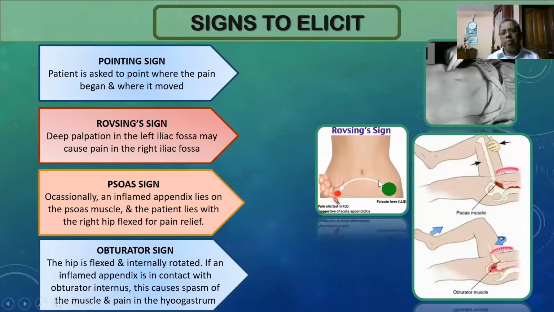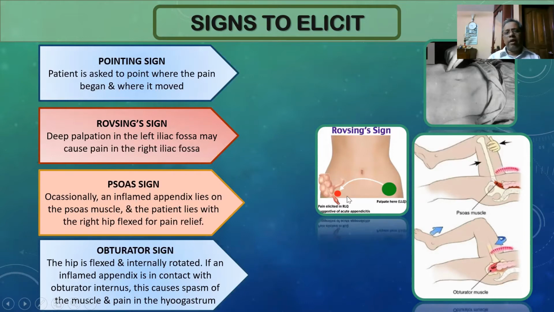If the patient feels pain in the right iliac fossa when you press on the opposite side, it is called the Robson sign. Even deep palpation in the left iliac fossa may cause pain in the right iliac fossa. This is more confirmatory.